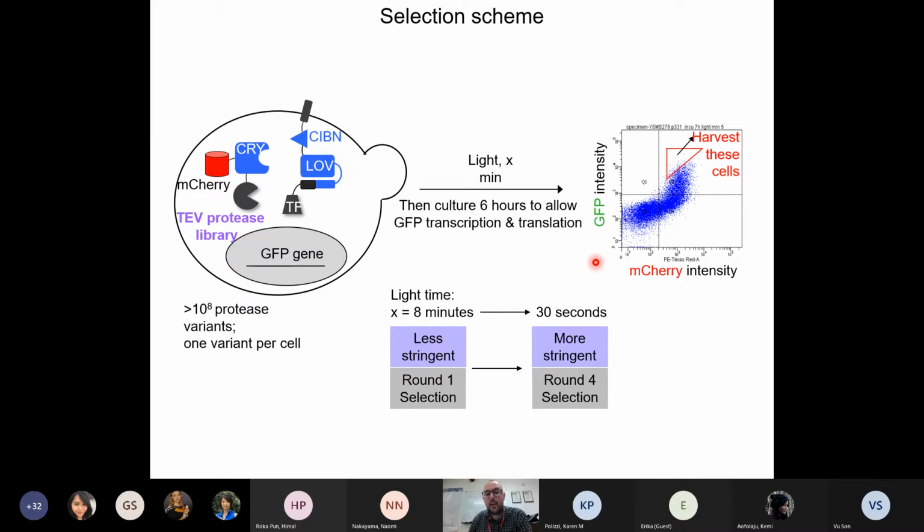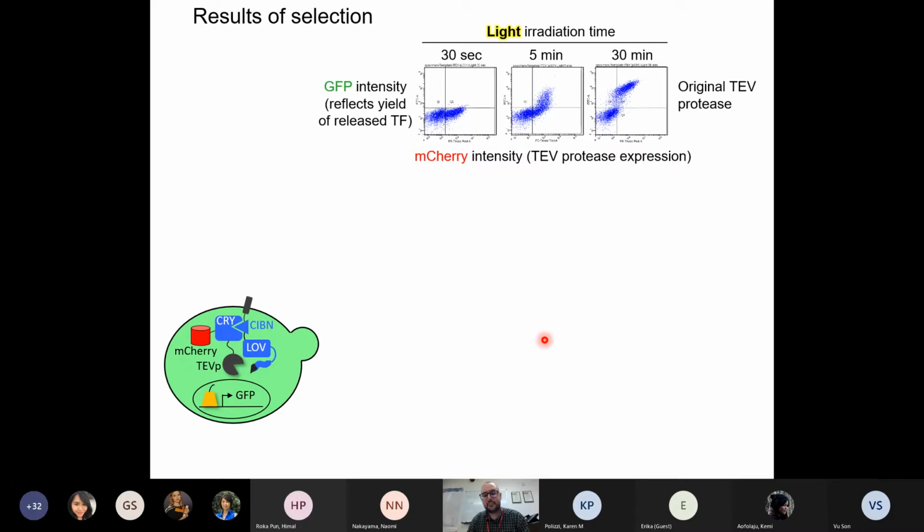Why? Because if the entire yeast population is illuminated with the same amount of light, the faster proteases are going, in the same unit of time, to release more units of transcription factor, and they are going to increase the expression of the reporter gene. So I'm always going to harvest the brightest yeast, and I'm going to decrease the amount of time that I shine blue light. This is how I increase my stringency to select for the faster proteases.